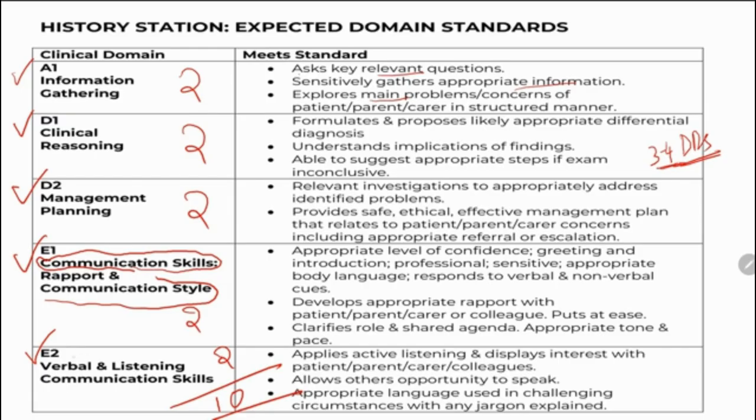E2 is for verbal, listening and communication skills. The candidate has to be very patient and actively listen to the role player, and should give the role player an opportunity to speak.